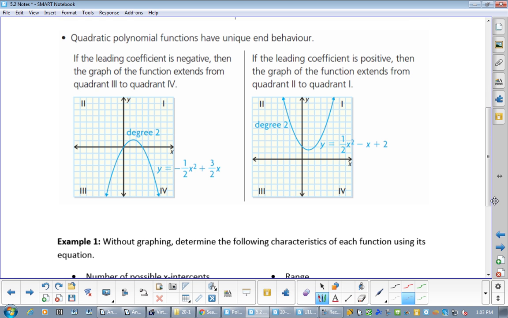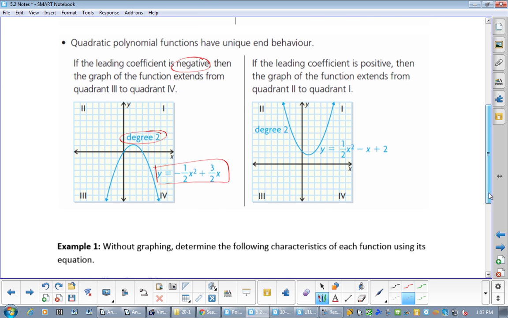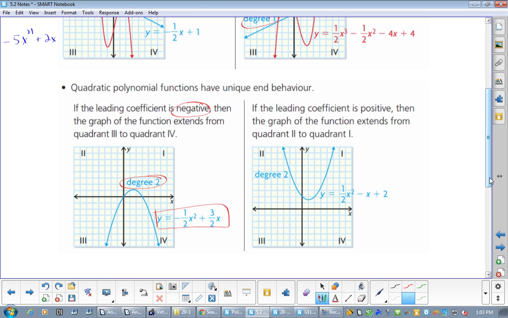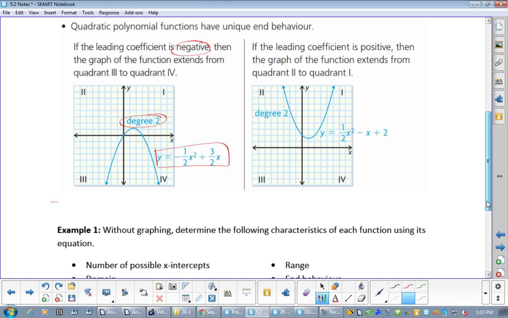quadratics. So these, if the leading coefficient is negative, now it's degree 2. And there's the thing. Do you see how it starts in 3 and ends in 4? So this is called a negative, even degree polynomial.